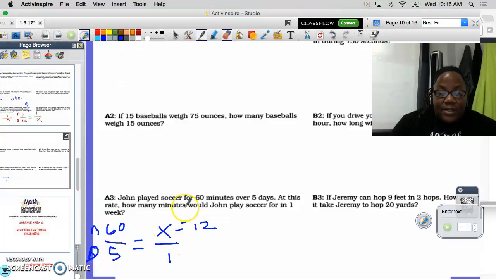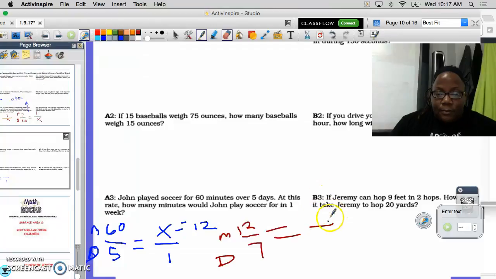Now that we know this, we can apply the next increment. How many minutes would John play soccer for in 1 week? All right, so here's the thing. You know minutes, days. So 12 minutes is for 1 day. 1 week is 7 days.